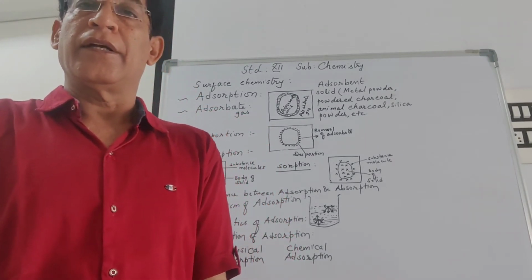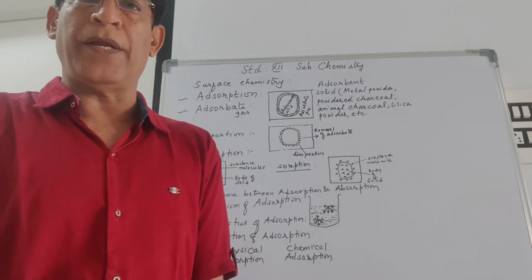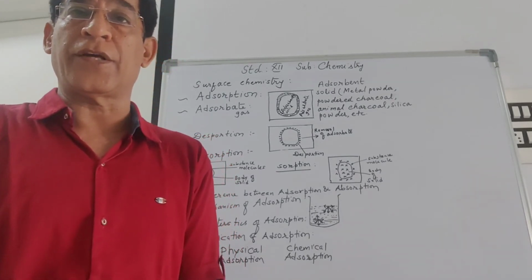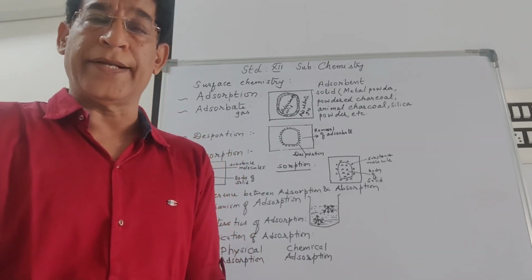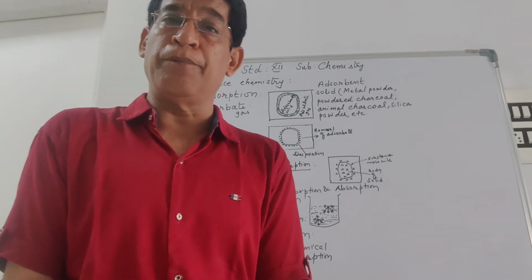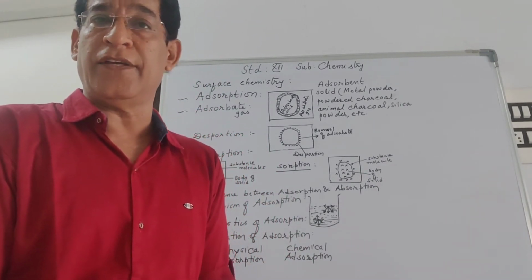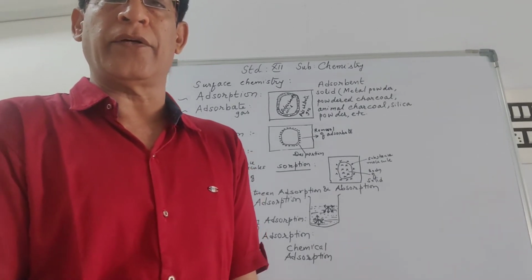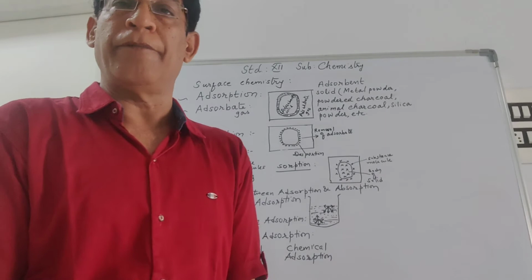Adsorption is thus accompanied by a decrease in enthalpy as well as a decrease in entropy of the system, and hence delta G also decreases. Adsorption is accompanied by a decrease in delta G, meaning the free energy change of the system. When delta G is equal to 0, adsorption equilibrium is said to be established.